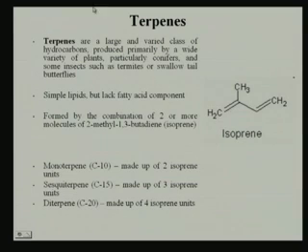Coming to another component, that is the terpenes. Terpenes are a large and varied class of hydrocarbons produced primarily by a wide variety of plants, particularly conifers, and some insects such as termites or swallowtail butterflies. Now, this is the isoprene molecule, and when two such isoprene molecules come in association with each other, they form the terpenes.